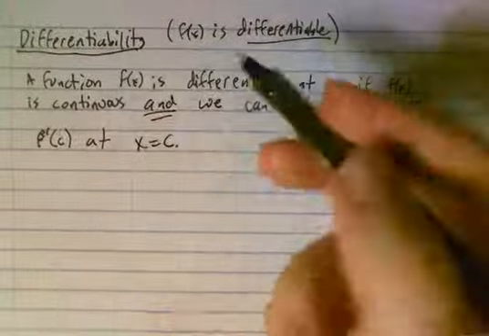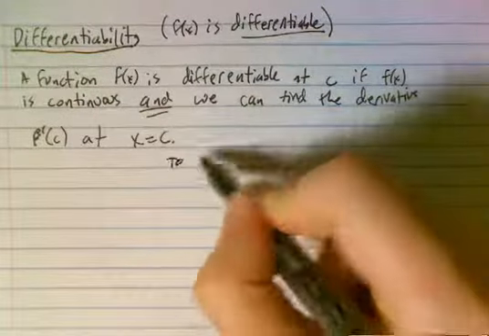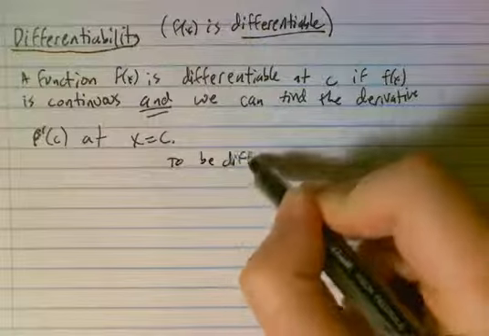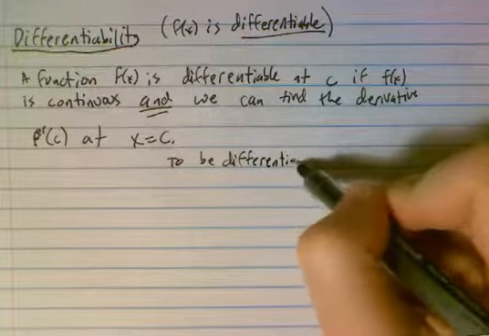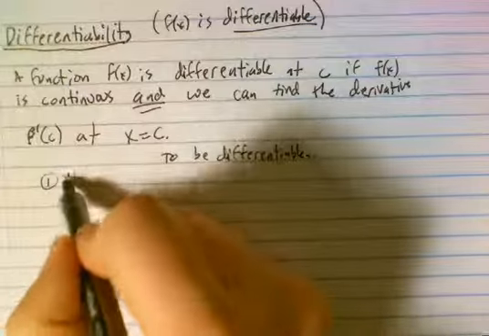So to be differentiable, we need the following things. One is that the function must be continuous.